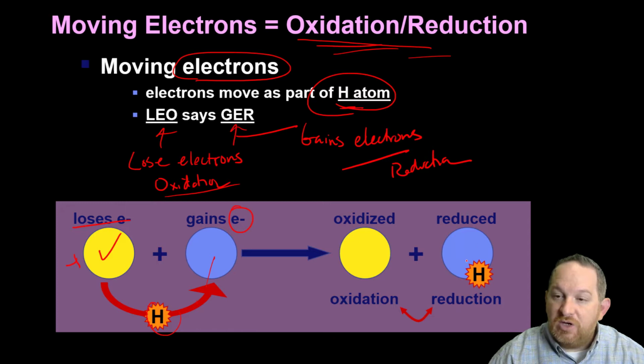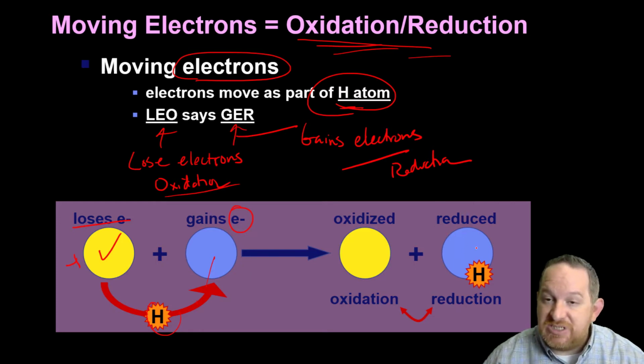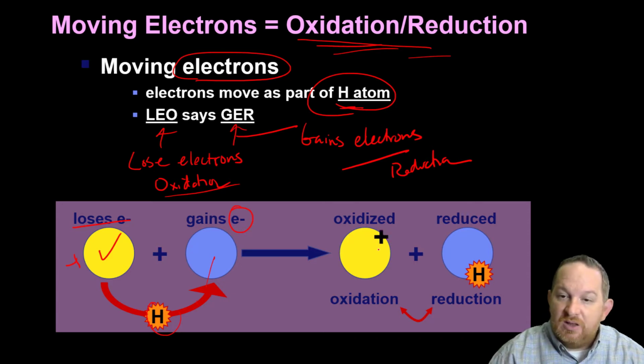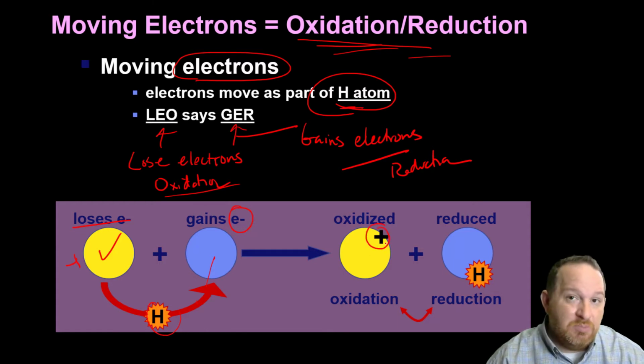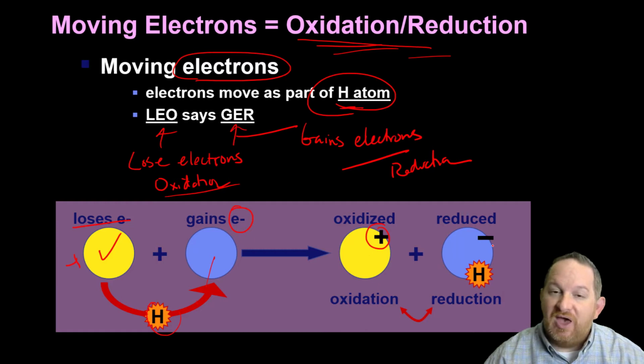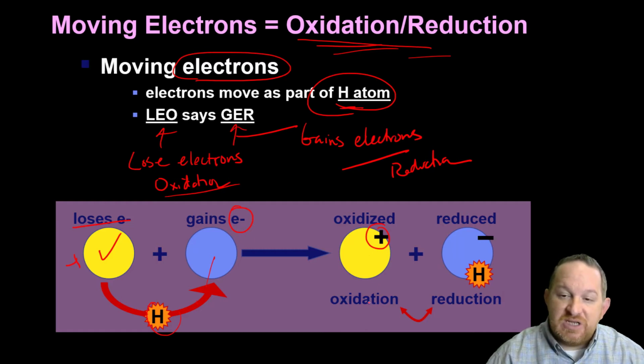This molecule over here, because it gained electrons and the hydrogen with it, has been reduced. So we see the reduction taking place there. Now what does that mean for the charge? If something lost electrons, it now has a slightly positive charge. If something has been reduced or gains electrons, more negative, then it will have a negative charge. So this is an oxidation and a reduction reaction.